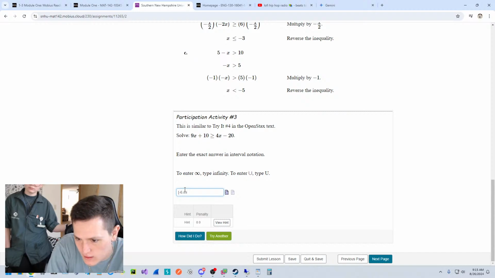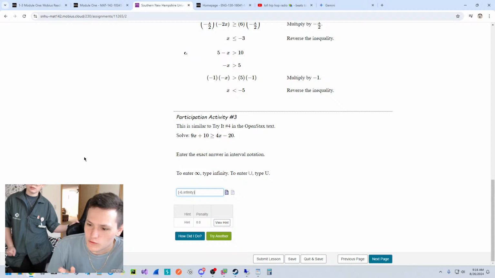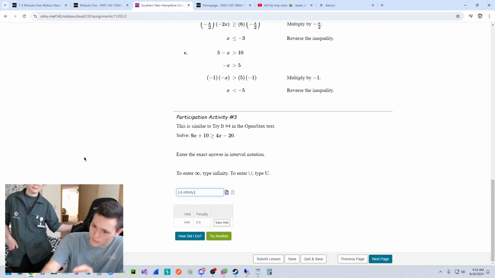Positive infinity. I thought it'd be infinity first. I thought so too, but I think since it's just one and it's not like two separate ones, and you're not defining if it's going left or right.